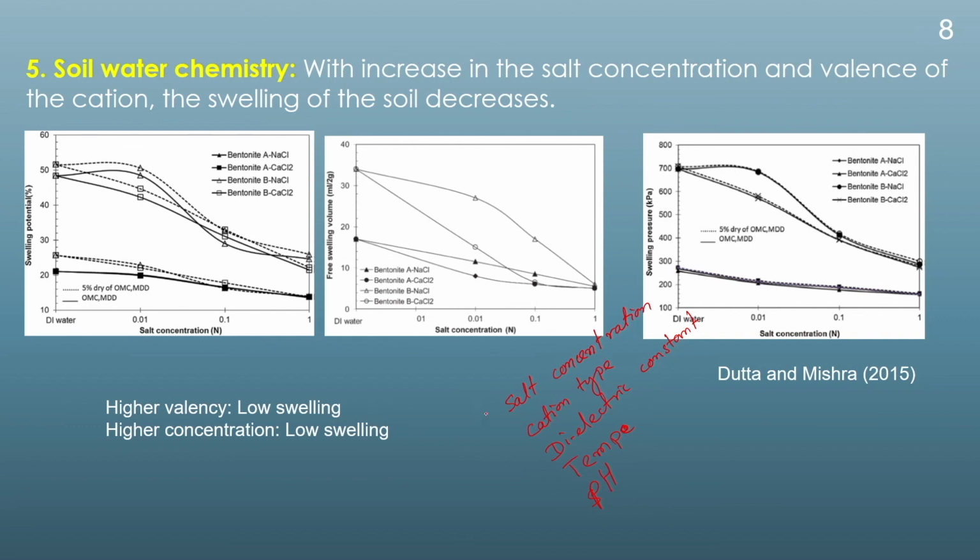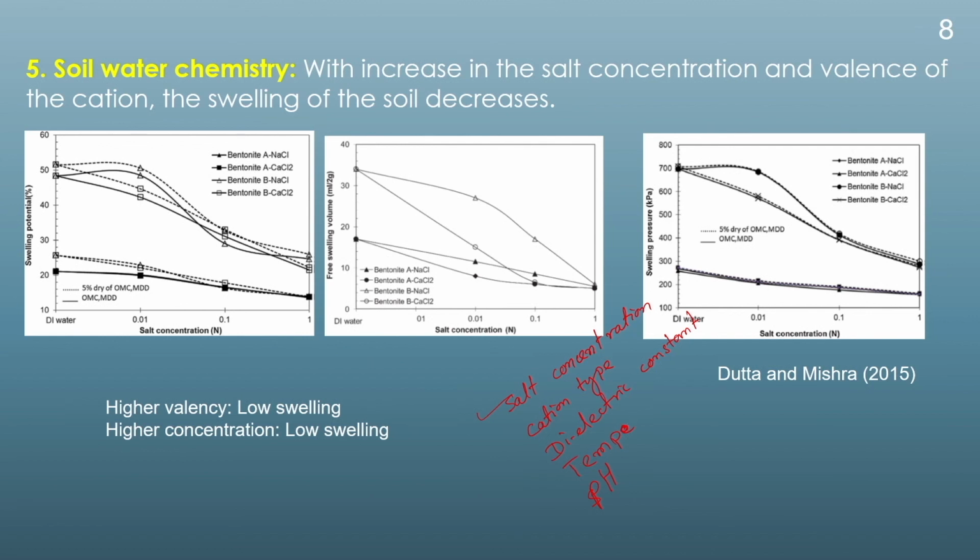First, for salt concentration, the higher the salt concentration, the lower the swelling. Cation type: the higher the valency, the lower the swelling, or vice versa, the lower the valency, the higher the swelling. Dielectric constant: the higher the dielectric constant, the higher the swelling.